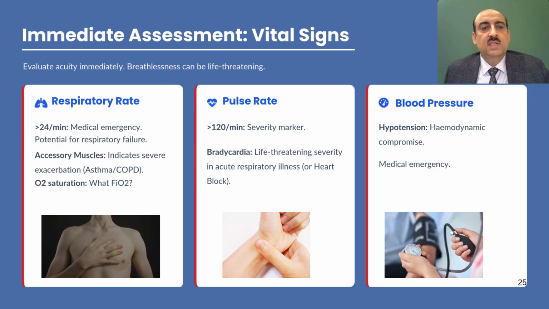Let's look at the importance of some of these vital signs from a dyspnea point of view. Respiratory rate, obviously, if it's tachypnea, that indicates increased rate of breathing, and it could indicate increased work of breathing as well. So anything above 24 breaths per minute, you should start thinking about alarm bells, because it is probably the first sign which becomes abnormal in any sick patient, especially with metabolic acidosis or any acidosis.